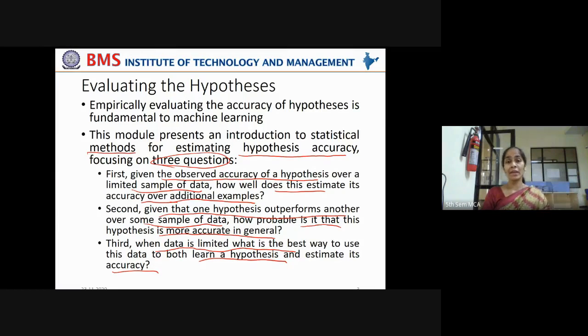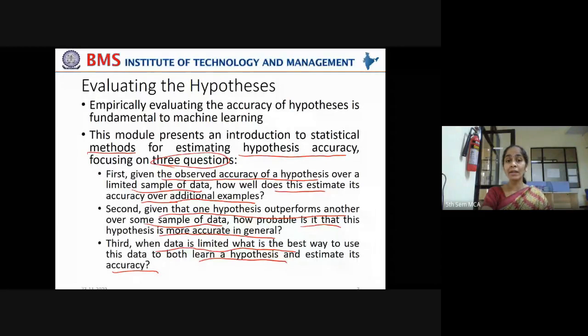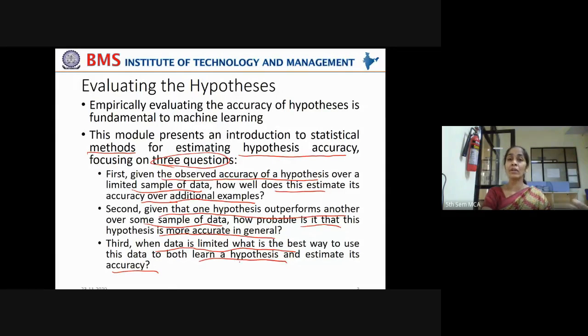Which is the best way to use this limited data to both learn a hypothesis and estimate its accuracy also? How do you estimate the accuracy of a hypothesis? Only by seeing how well your model predicts unseen data or a new data point, right?